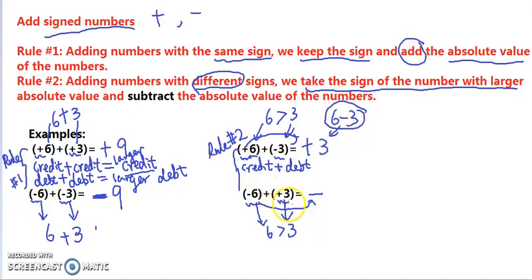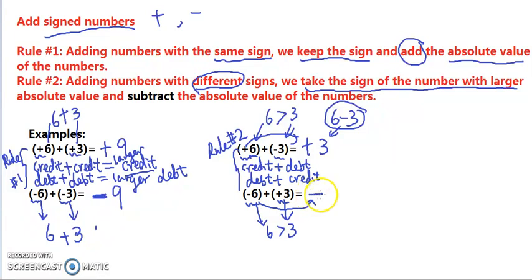Okay, and similarly here, if we have negative 6, which is $6, if you owe someone $6 and you have $3 credit, and so your $3 is not going to be enough to pay the debt, and that means you use all your $3 and you have nothing left, but you still owe this person $3, so you're still in debt.